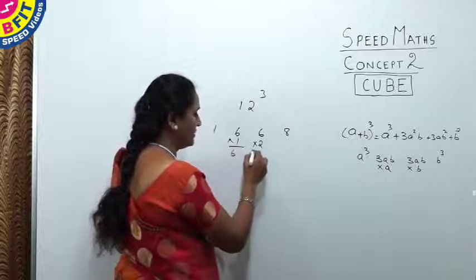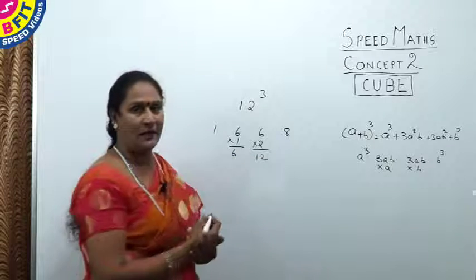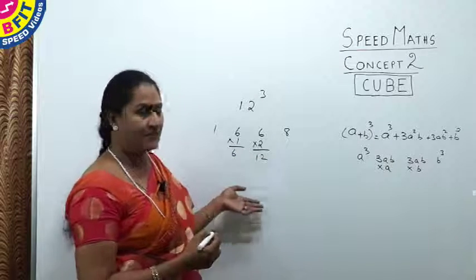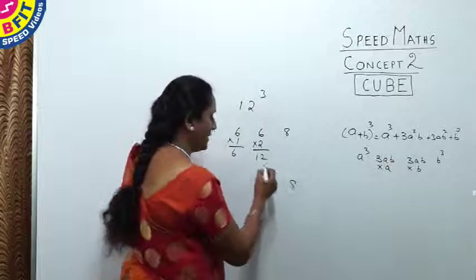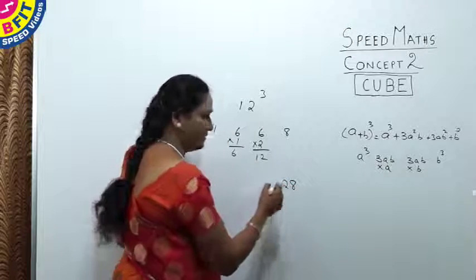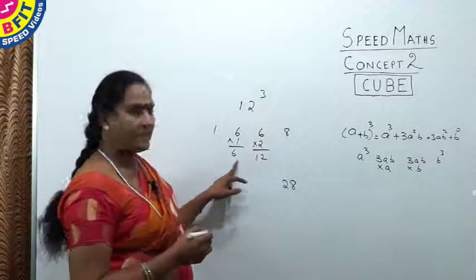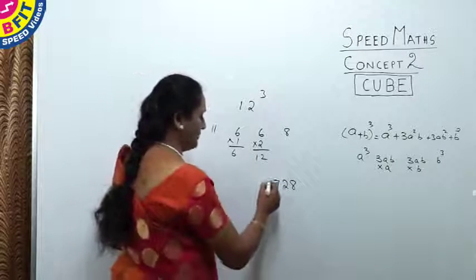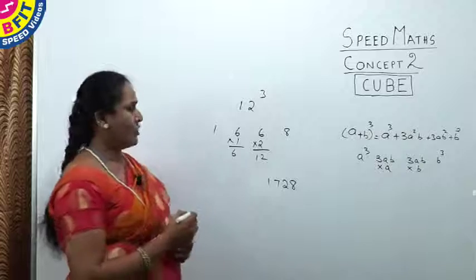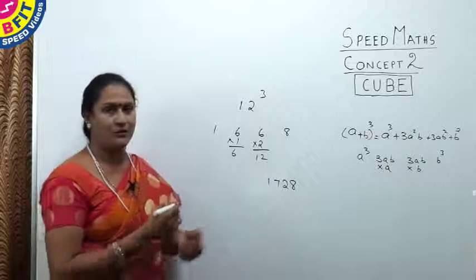So here you have 6 and here you have 12. Now to collect the answer, we have only a single digit in the last term, so write this 8, and from this term take this 2, and this 1 is added with 6, so it is 7, and now write this 1. So we have got the cube of 12 as 1728.